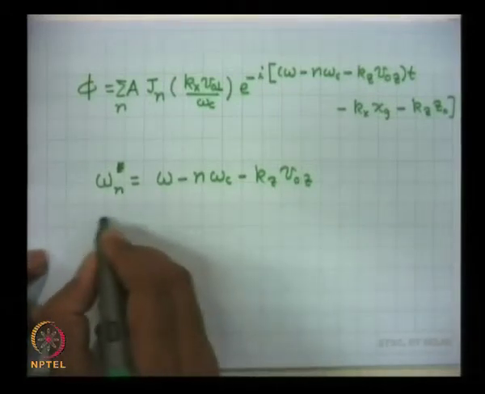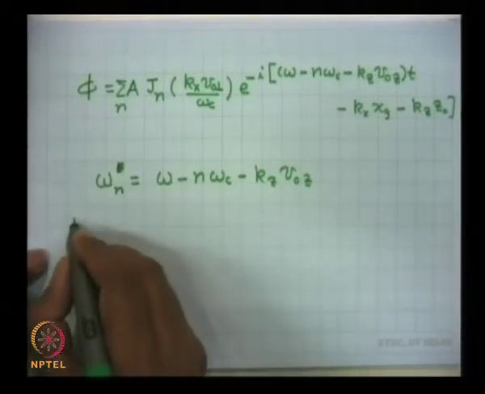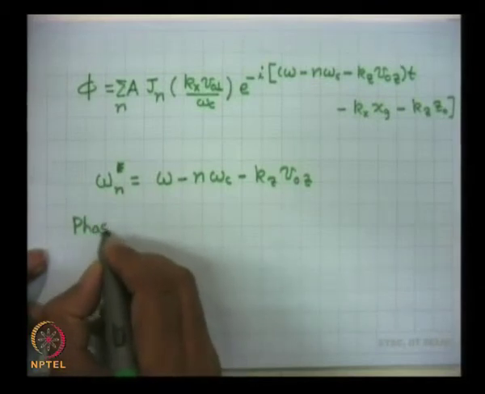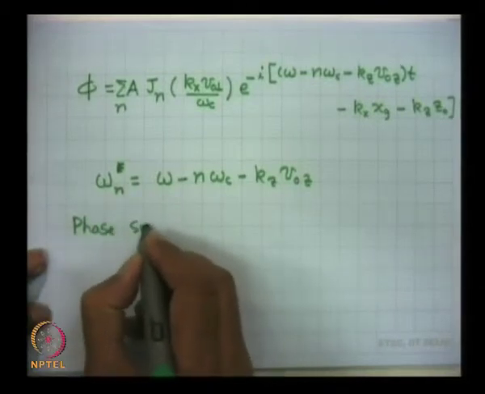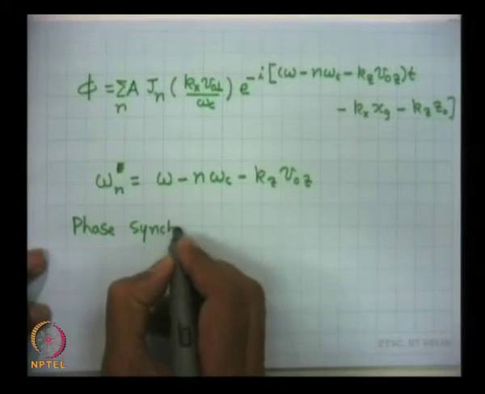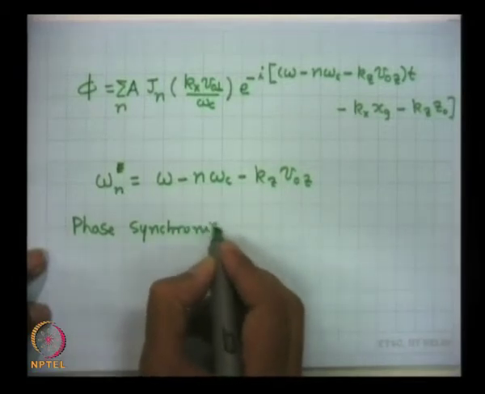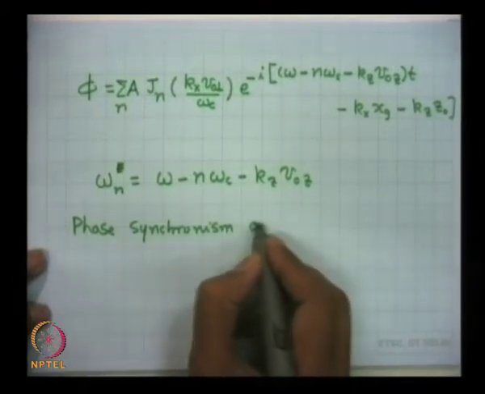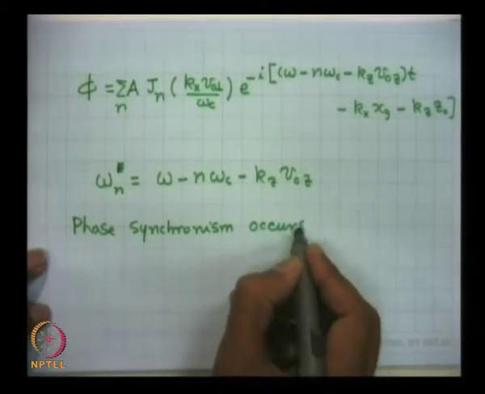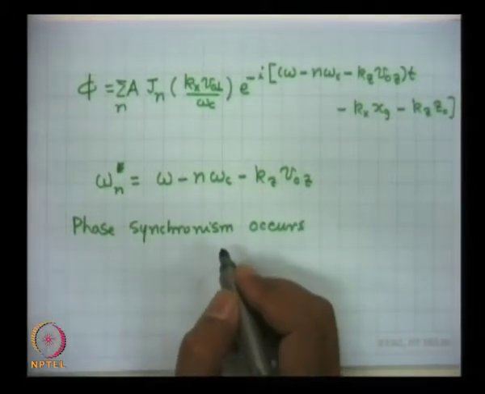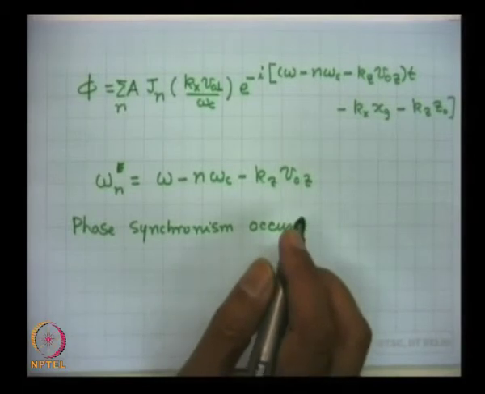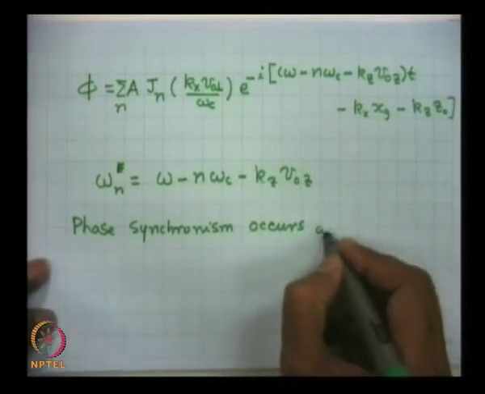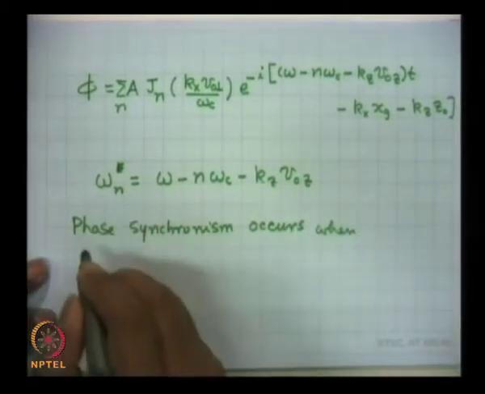And so phase synchronism will occur, means the electron will always see the field as a DC field when omega n is 0.